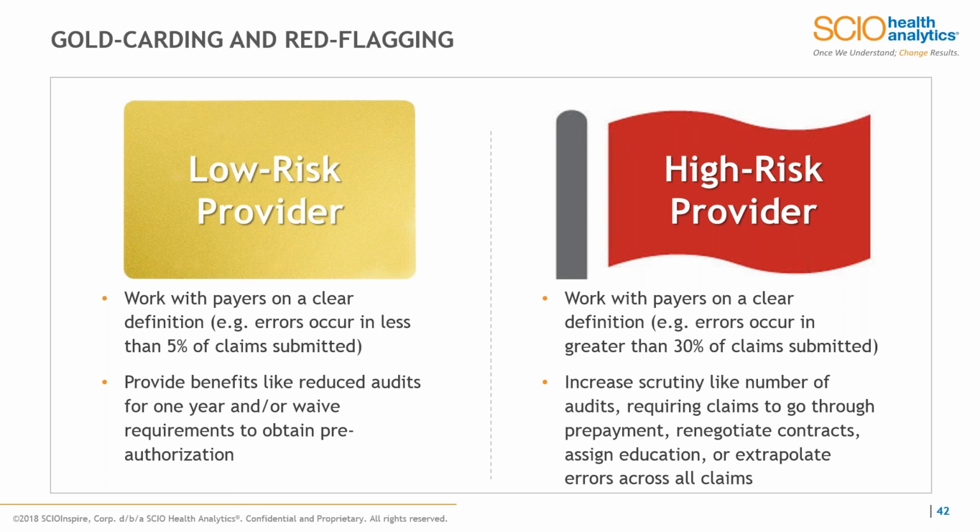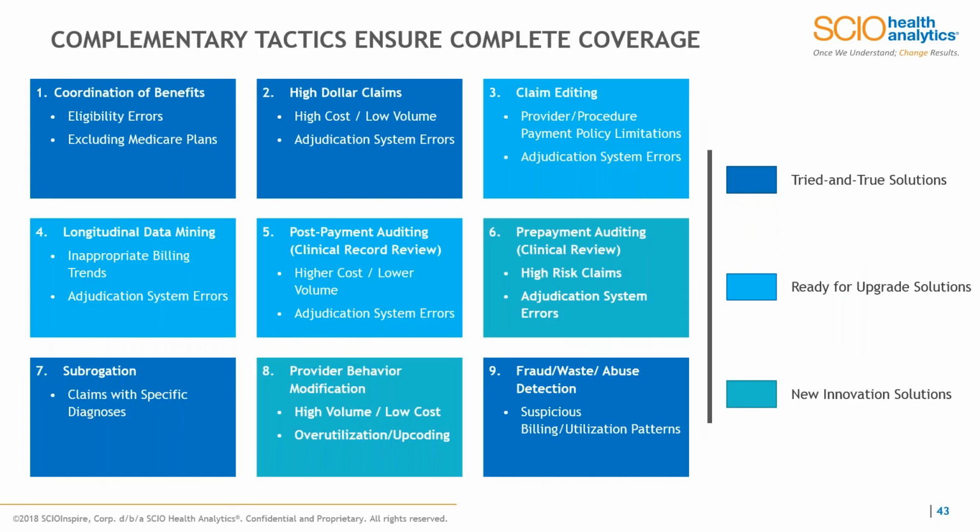And moving on to one of our last slides for this section, finally, how does a payer choose which program to build or improve? We've talked about these 9 programs or approaches and solutions.